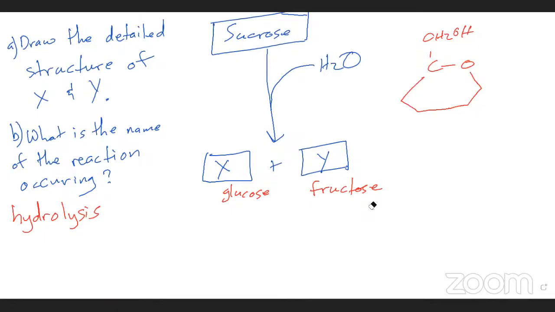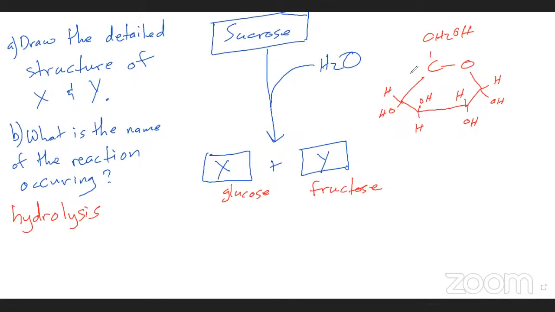Yeah, correct. Is this correct for alpha glucose? No. Tell me what is wrong. The OH must be at the bottom, below the first carbon. So the OH should point downwards. All right, then OH.